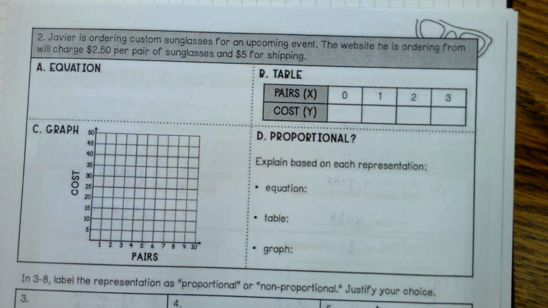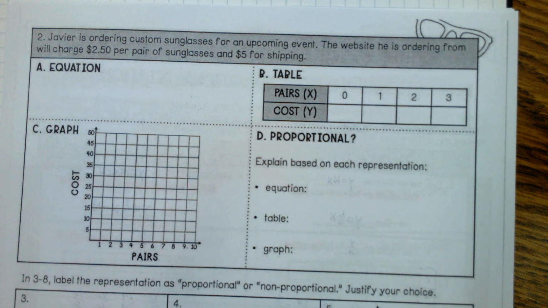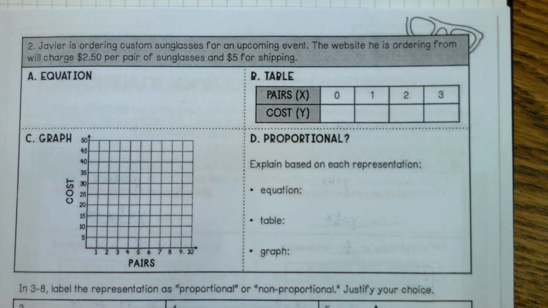The website he is ordering from will charge $2.50 per pair of sunglasses and $5 for shipping. Boy? Yep. I'm not paying for shipping. Unless you have Amazon Prime, you may have to.